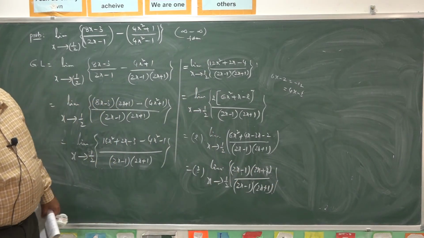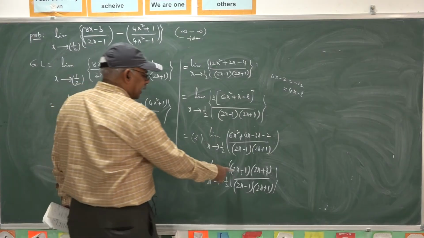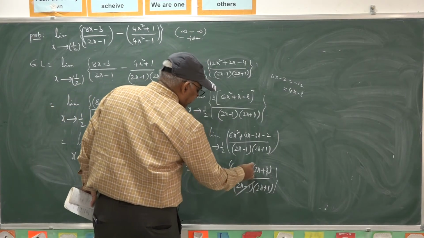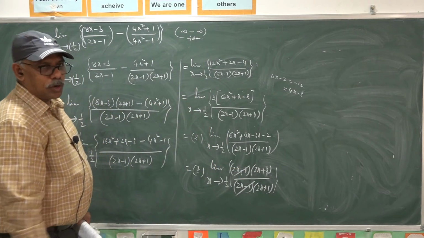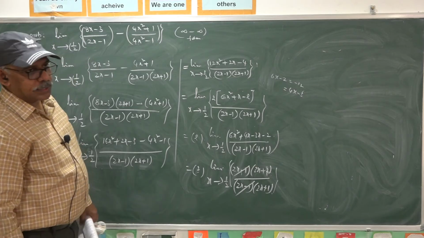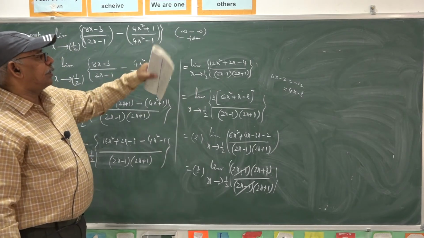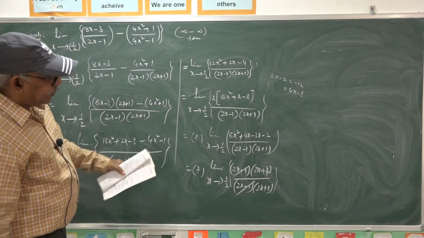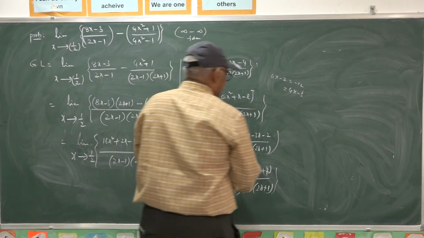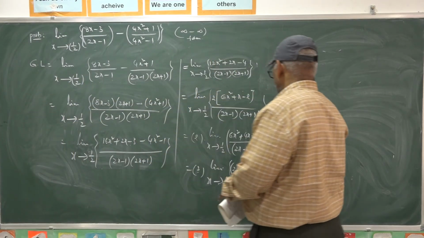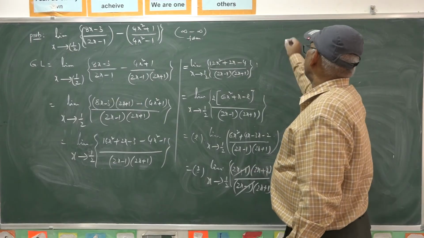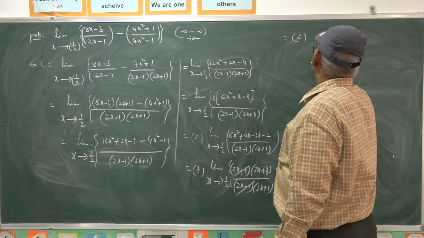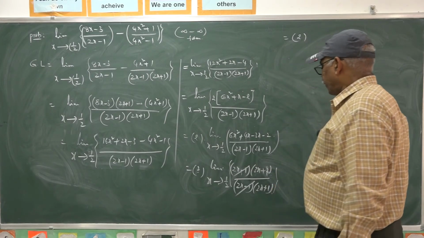So you can factorize the numerator like (2x minus 1) into (3x plus 2). This is the common factor. You can remove that common factor. Without removing that common factor, the indeterminate form will arise. So to avoid that indeterminate form, the common factor has to be cancelled here.